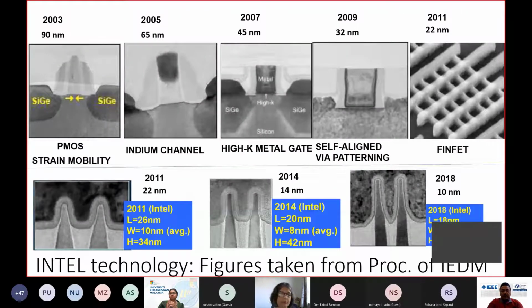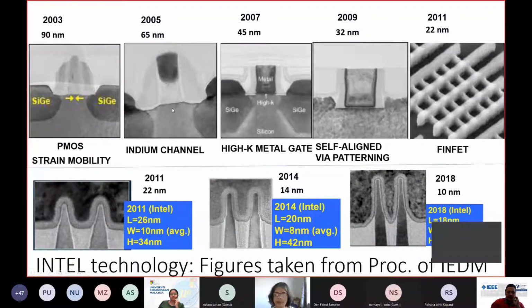So what has industry been doing all along? They want to make devices faster and cooler. So in 2003, they introduced strain in the channel to increase the mobility of the carriers, and that was done by introducing silicon germanium stressors. At the 65 nanometer technology node, there were two companies, and we worked with one of them to introduce indium into the channel.